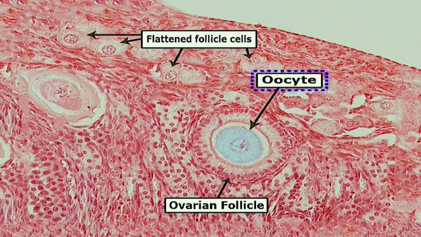In such a group of oogonia, one oogonium enlarges to form an oocyte and the other oogonia become flattened follicle cells. Such a group of cells having an oocyte inside is called an ovarian follicle. The oocyte nucleus enlarges to form a germinal vesicle.